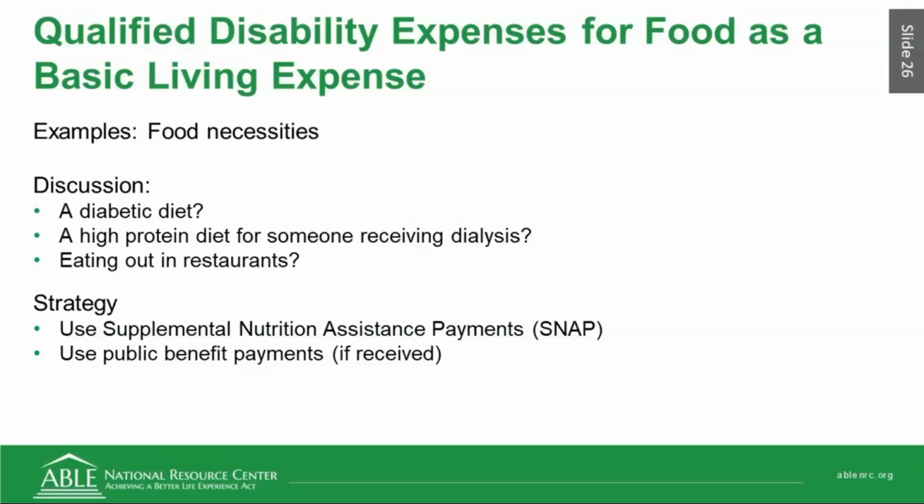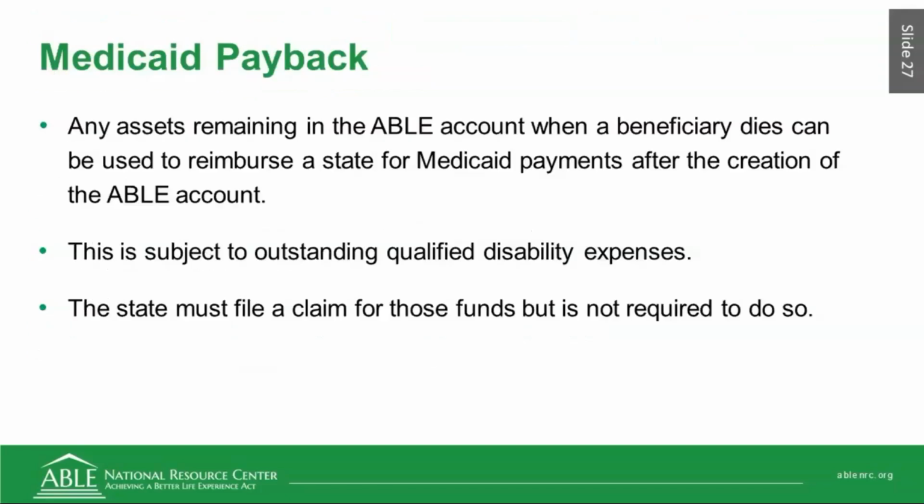And then the last thing I want to cover is the Medicaid payback provision on the next slide. This really has to do with when the ABLE account owner, the person with a disability, dies.